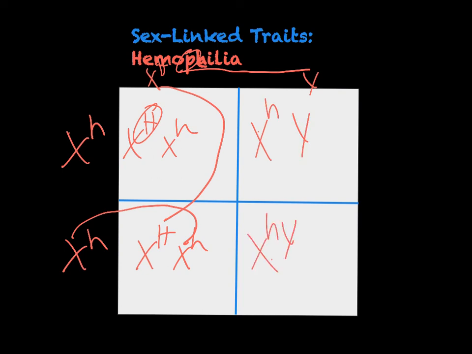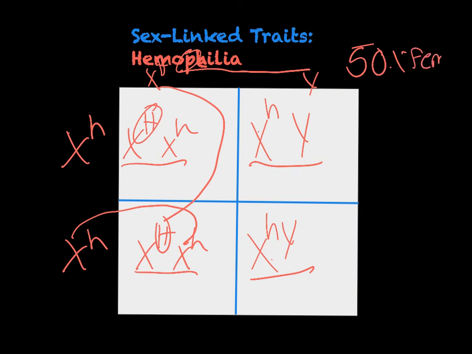So this will be 50%. This part right here, these 2 X's, will be female. This will be male. So the female will be a carrier of the trait. So 50% is female.